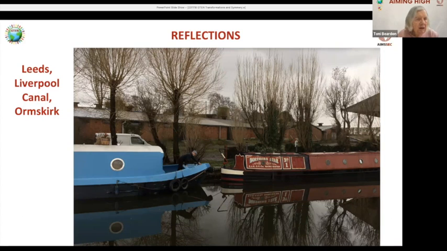Canals mean a little bit more to us in the UK than they would in South Africa, because going back in history, these are man-made riverways that were built all over the country, and they were the routes that people used to get from place to place, but also to take loads of goods from one place to another.